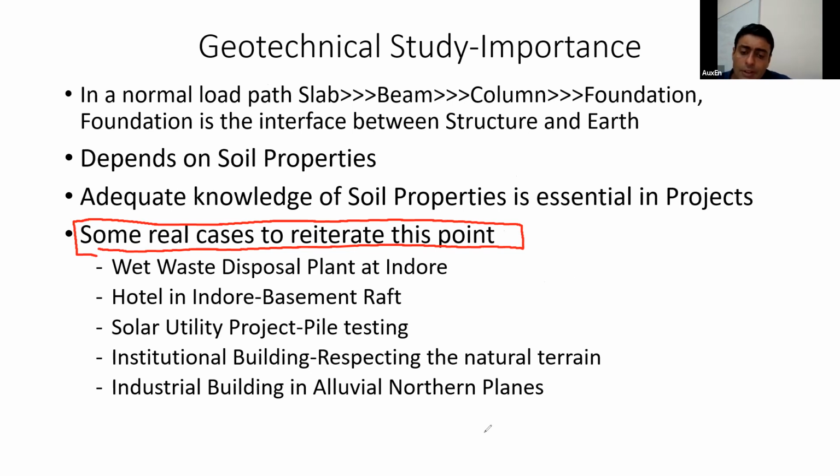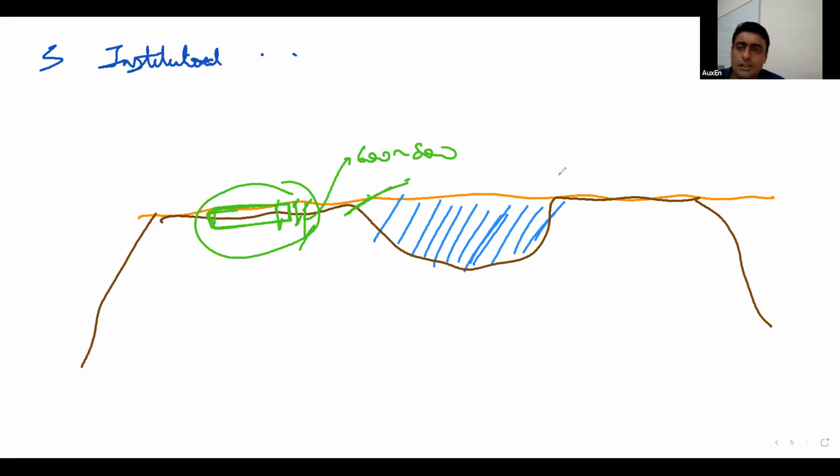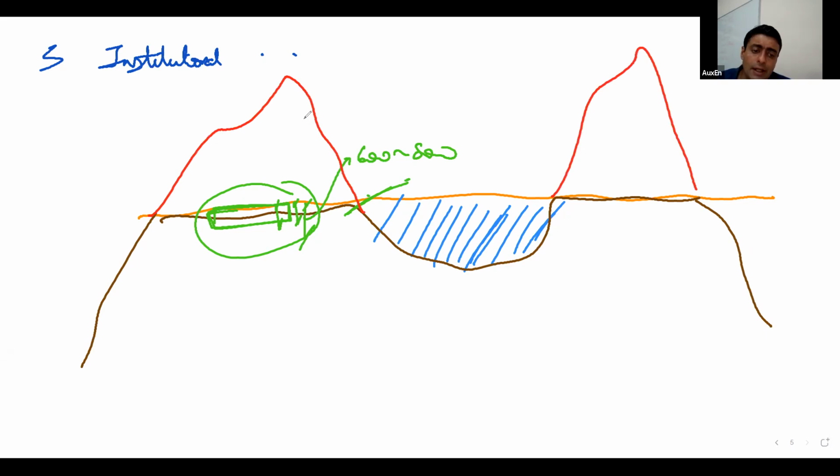Let us say you have a road project. This cutting and filling is good because the cost that you spend in cutting is offset by the cost that you save in filling.